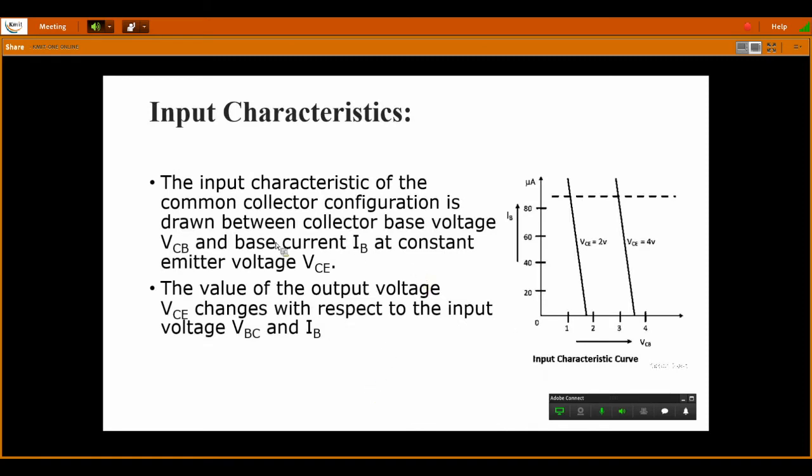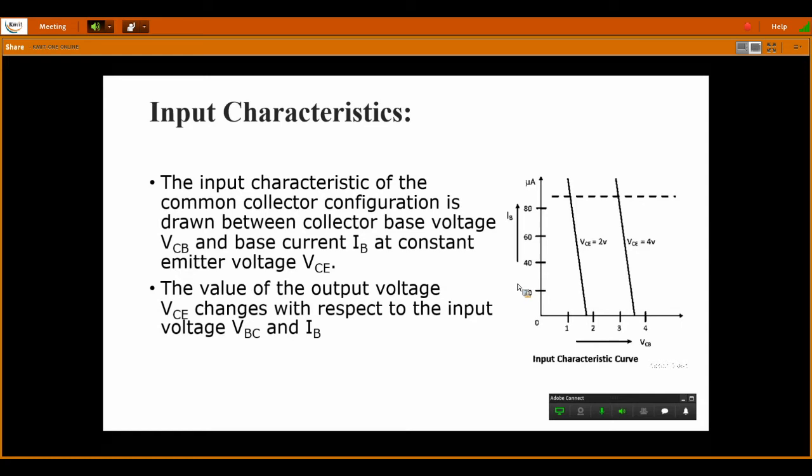These are the input characteristics of the common collector configuration. On the x-axis, the horizontal line, we have taken the collector to base voltage, and on the y-axis, the vertical axis, we have taken the base current, which is the input current. By keeping the output voltages constant, at 2 volts, 4 volts, and so on, we will verify the variation in the base current.